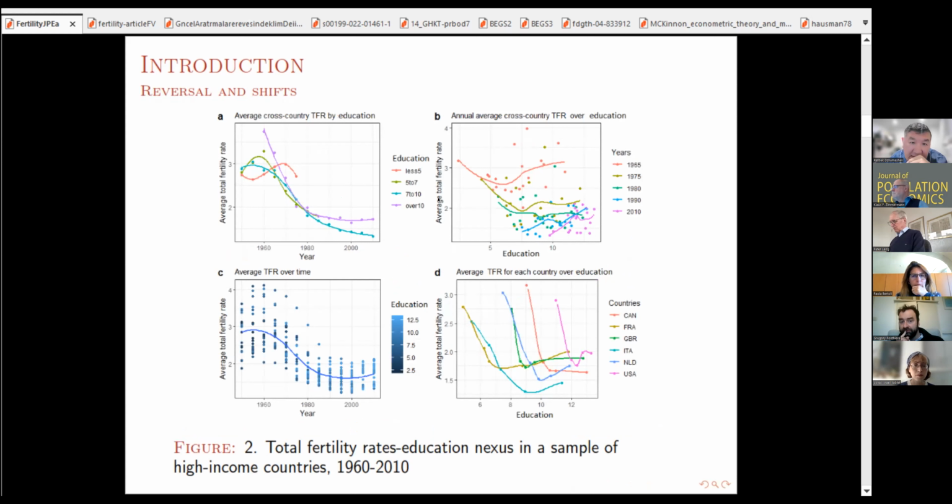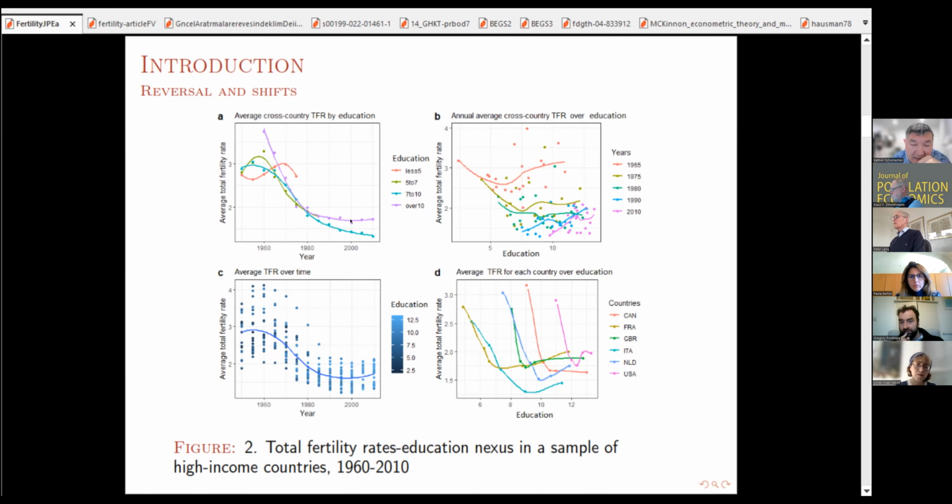Here you can see different cases. If we look at education level and its relationship to the total fertility rates, you can see that over time there's also change. For example, for education level of 10 years and more, fertility used to be quite high, but it fell until 1980.